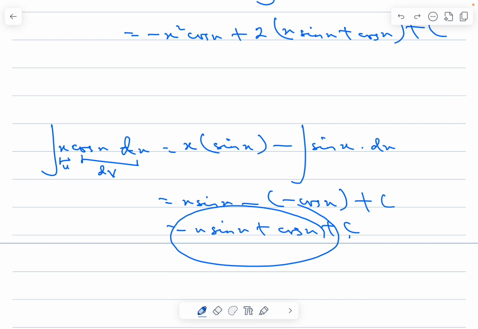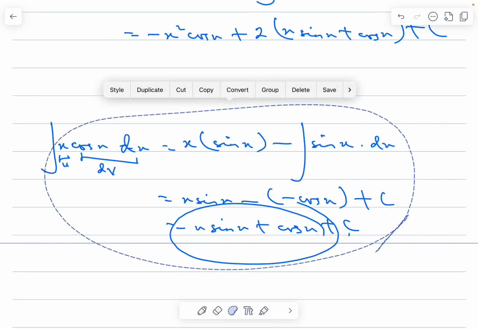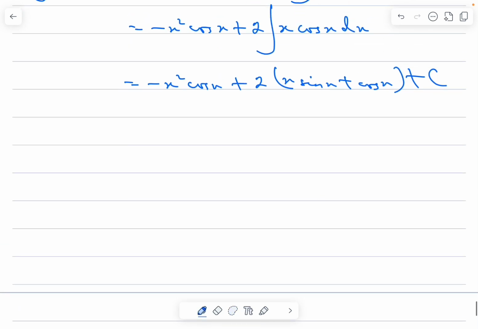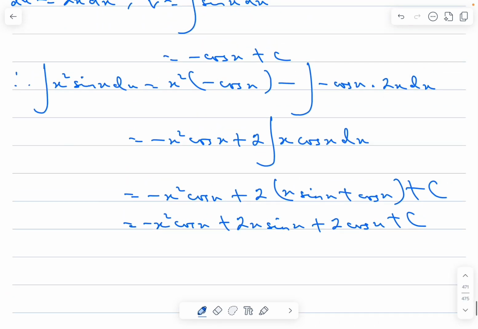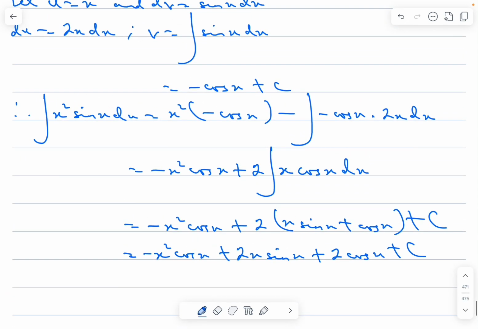The integral of x cos x is x sine x plus cos x. So now that's what we have here, and we simplify further to have minus x squared cos x plus 2x sine x plus 2 cos x plus c. And that's it, very, very simply.